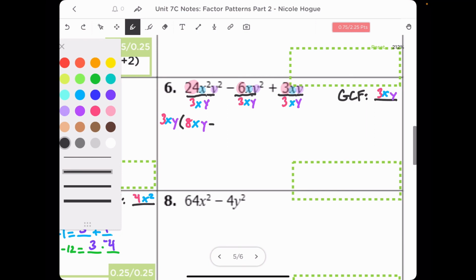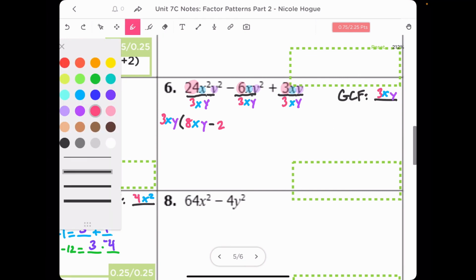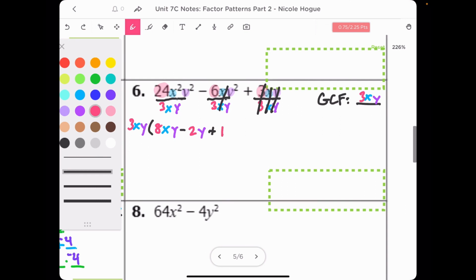Minus 6 divided by 3 is 2, so minus 2. X divided by x cancels out, and y squared divided by y is just y. And then we have plus 3, and then x and all those would go away, and we would just be left with 1 here.